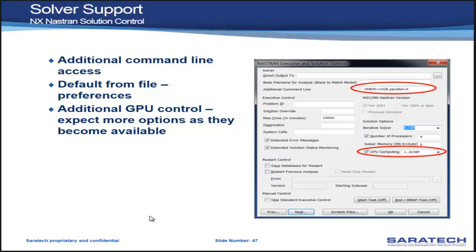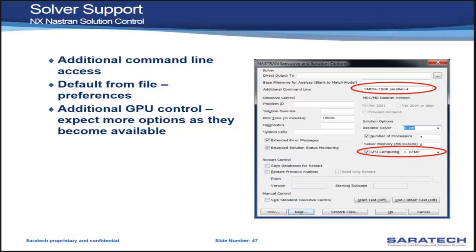There are also some additional GPU control options, and more are expected to become available. This really allows you to specify which part of your model you want GPU computing to be given to. And really these are the most important ones that we think are new additions in 11.3.